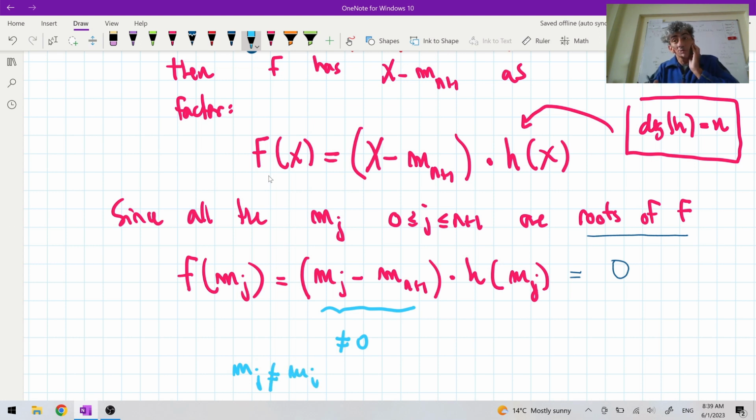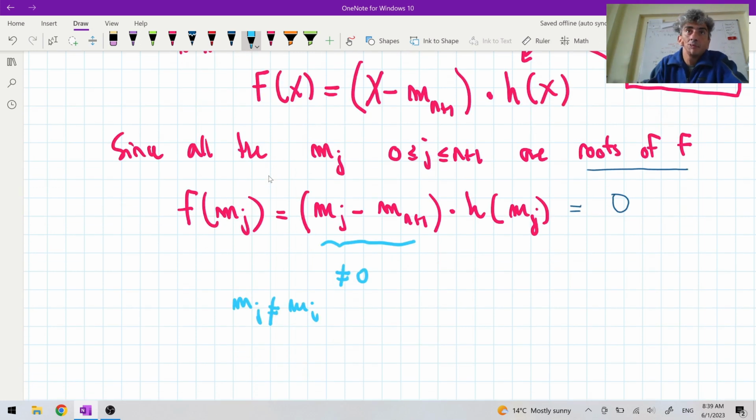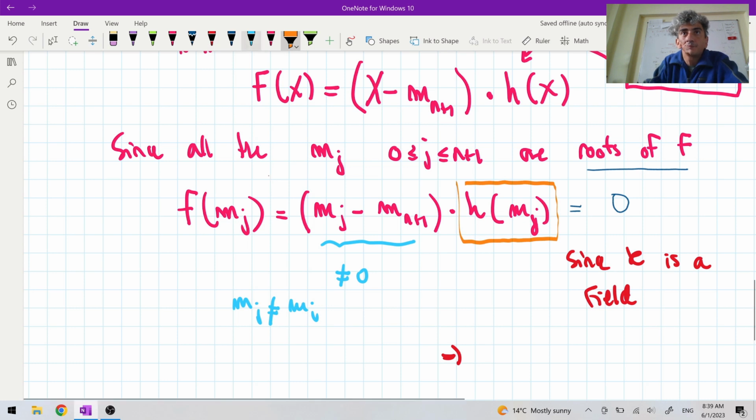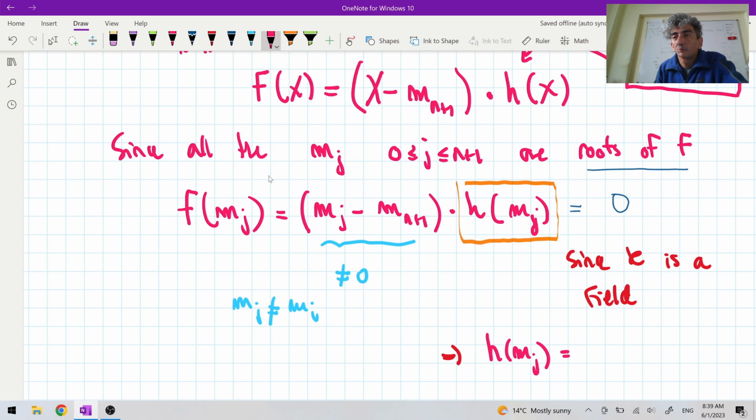So since we're in a field, since K is a field, then this number needs to be 0 for j at most n.